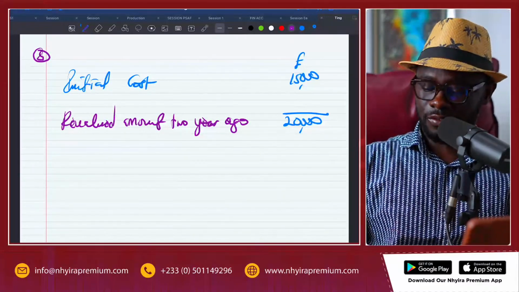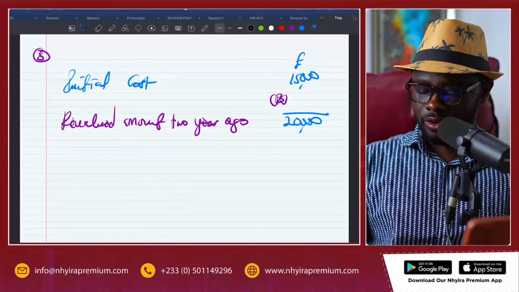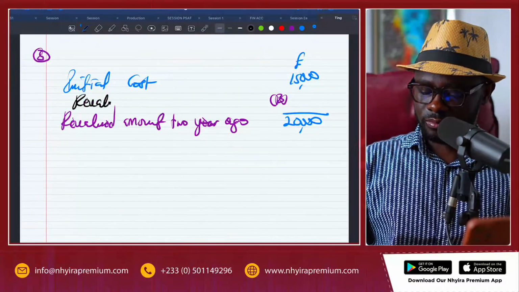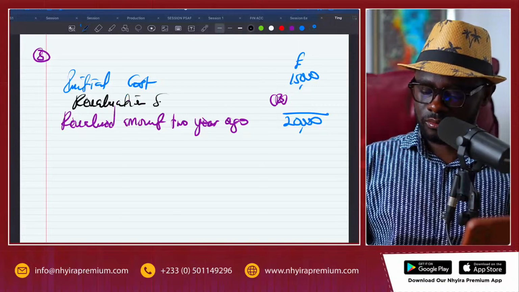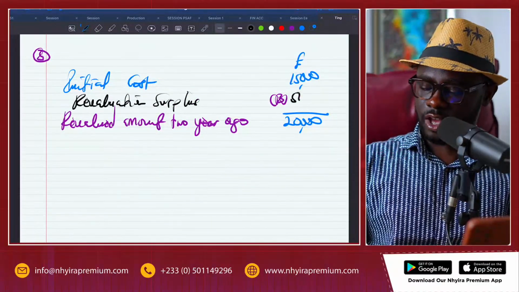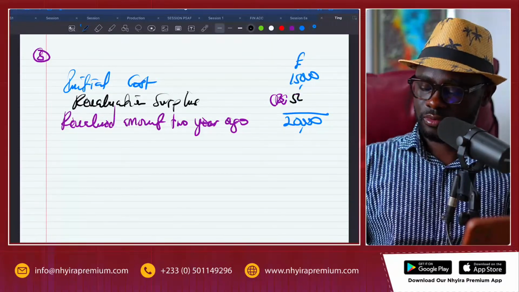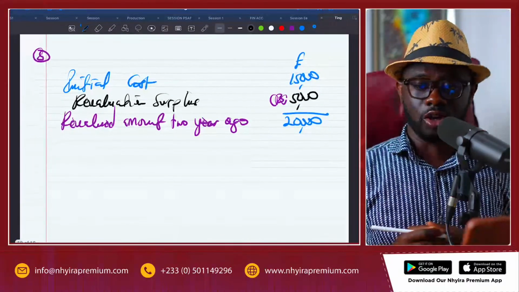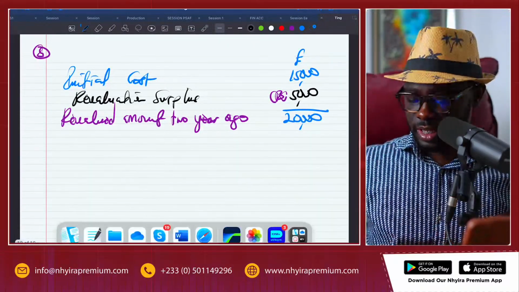So the balancing figure means we will recognize a revaluation surplus of £5,000.